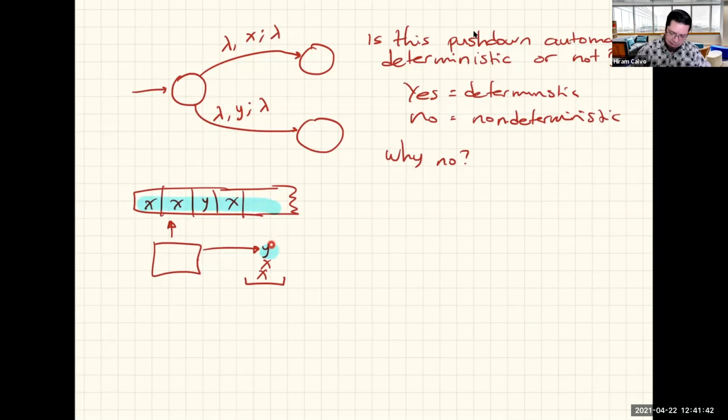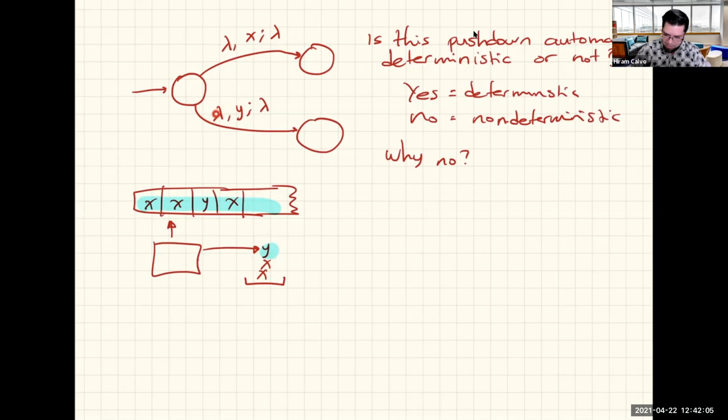So the stack is very clear. The stack says, okay, I have a y or I have an x. So despite not taking into account the input string, I can take a decision, and it's very clear, based on what is on the top of the stack. So this allows us to think that this is not non-deterministic.